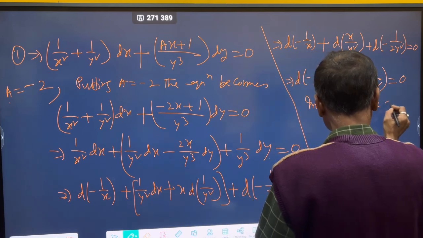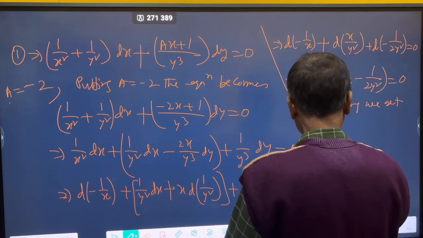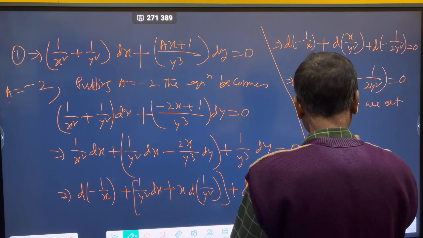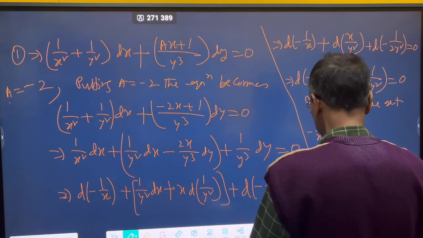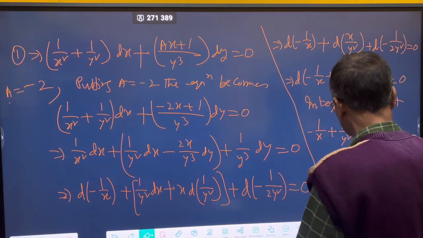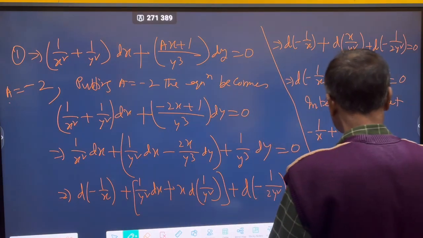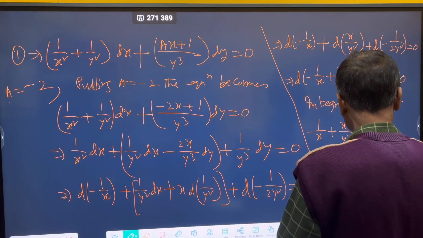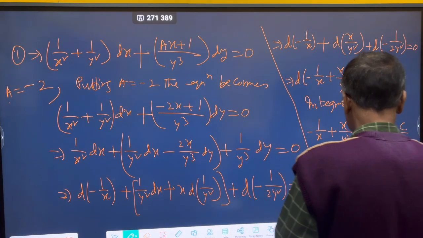we get minus 1 by x plus x by y square minus 1 by twice y square equal to, suppose, c by 2.